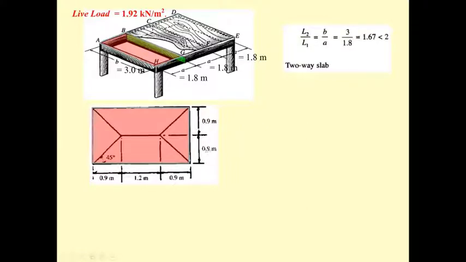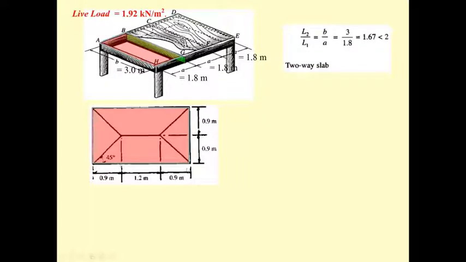When this one is 0.9 meter, that means this one is also 0.9 meter. So we get a triangular shape like this. That means the HG is here. Part of the HG is going to have triangular loading. And for the side of AH, the AH is here. When this one is 0.9, this one is going to be 0.9 also.